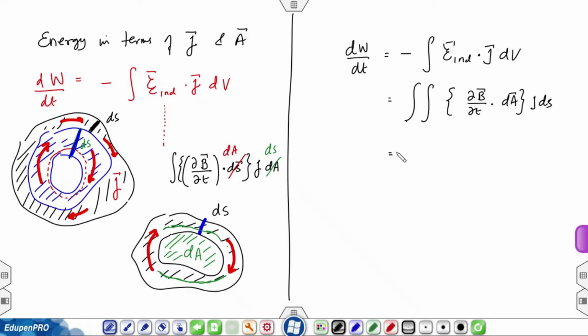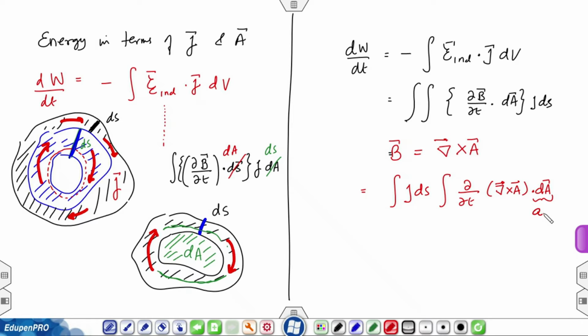Now, B is curl of A, where A is the vector potential, and therefore I can write this as integral J ds integral d/dt of curl of A dot dA, where this dA is the area.